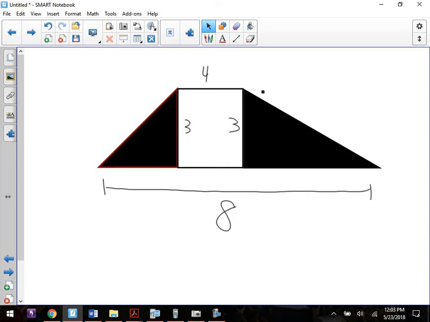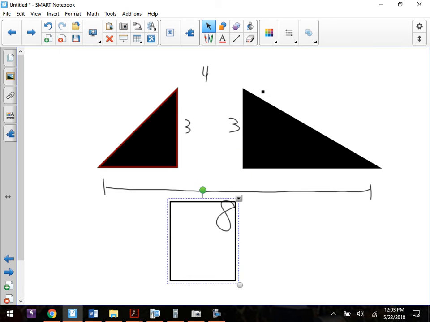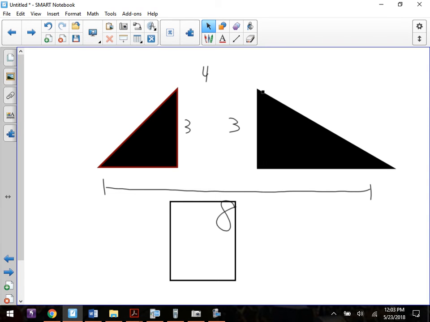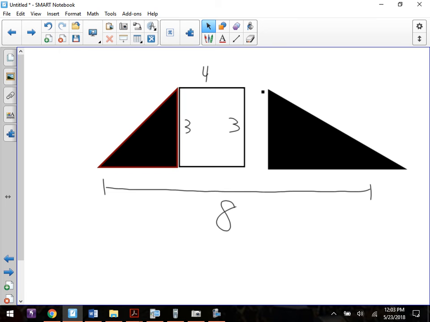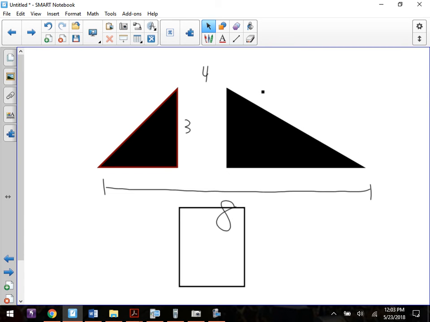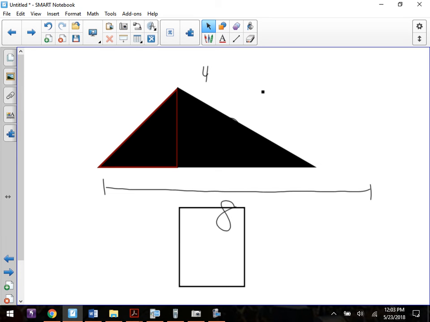Now, I'm no super awesome geometry person, but I realize that if I take this center piece out and I fold this in, what I create is a triangle. How do you find the area of a triangle? 1/2 base times height. Well, if the portion that I took out was 4, when I put it together, how much is the base then? 4.